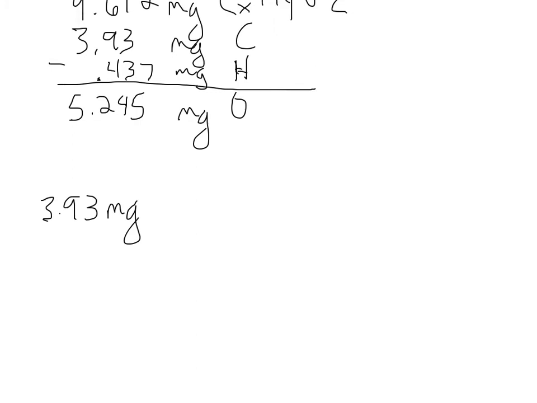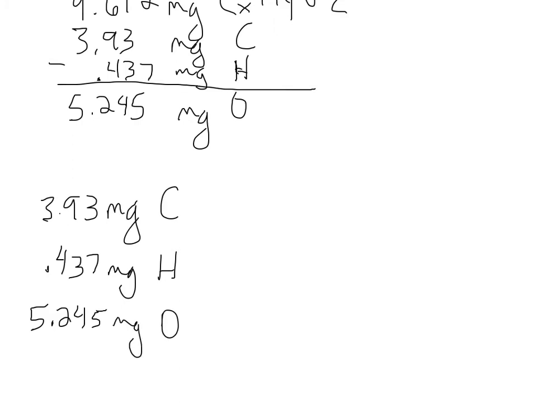We figured out that there is 3.93 milligrams of carbon in the unknown, 0.437 milligrams of hydrogen, and after subtracting, we found out that there's 5.245 milligrams of oxygen in the unknown. You can probably guess where we're going to go next. We're going to convert grams into moles.